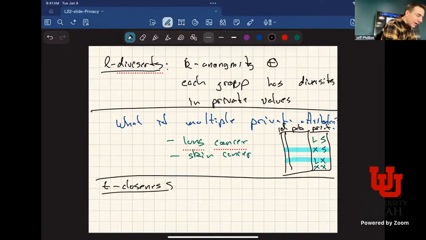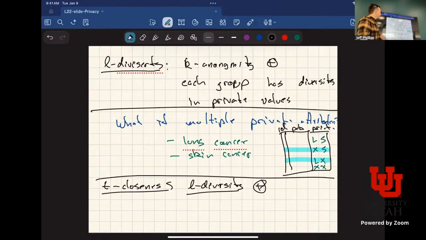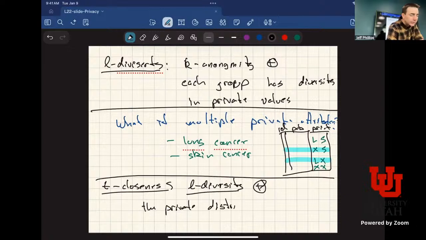Okay, so this now starts with l-diversity, which has k-anonymity as part of it, but then it says that the private distribution of values must be close to the full data set.